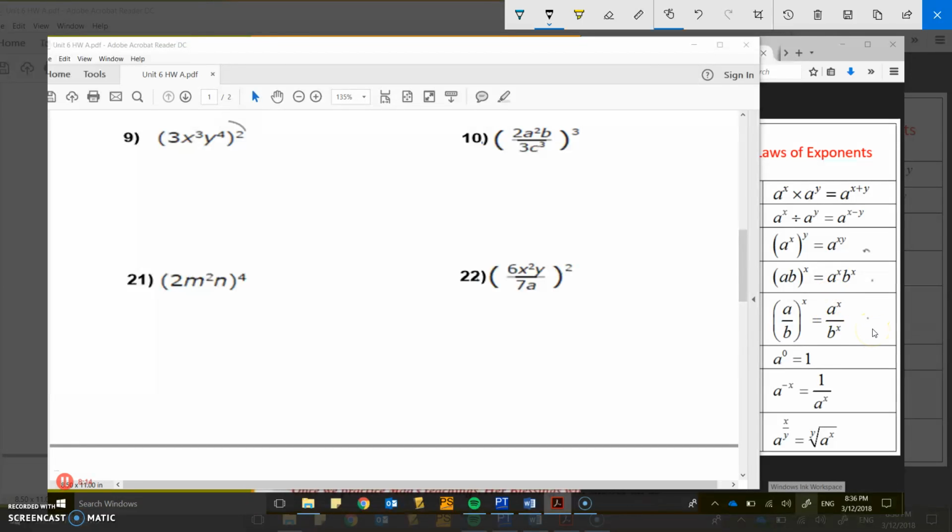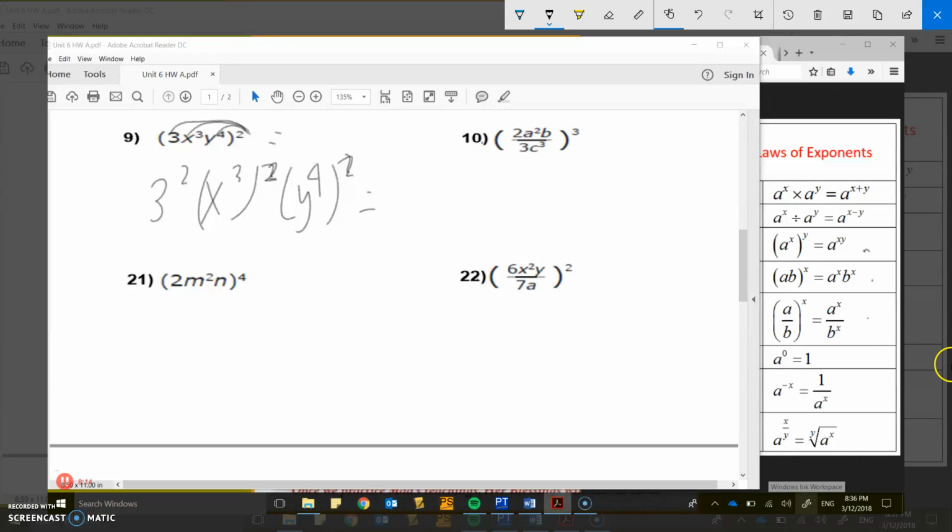This 2 gets applied to the base of 3, the base of x, and also the base of y. So it's just like saying 3 squared times x cubed squared times, that's a 2, times y to the 4th squared.